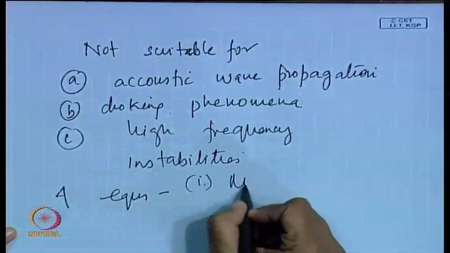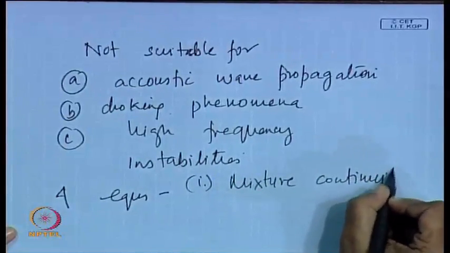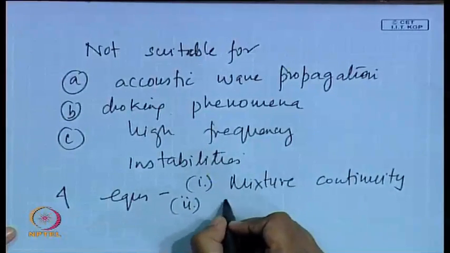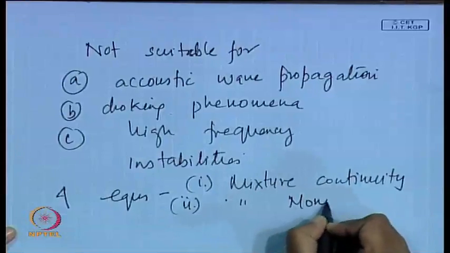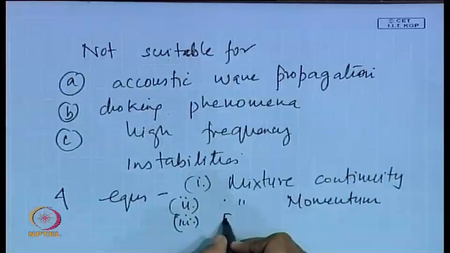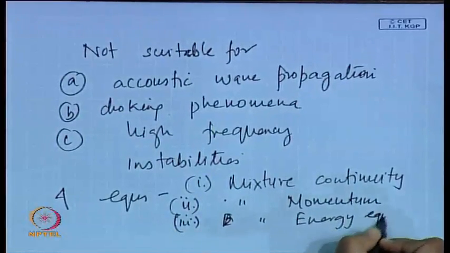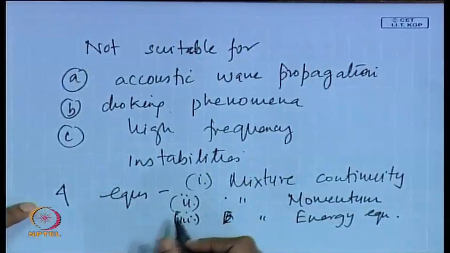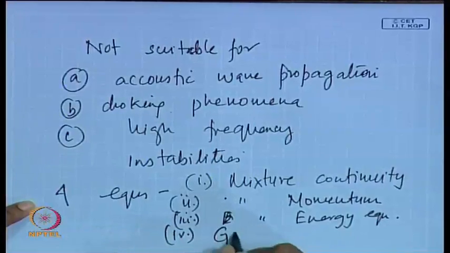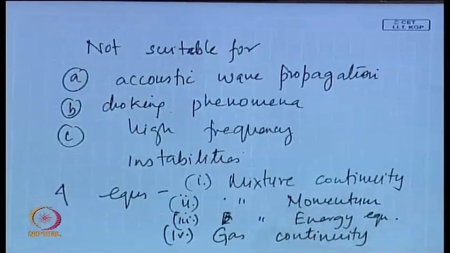It is the mixture continuity, next is the mixture momentum equation, next is the mixture energy equation, and the fourth one is the gas continuity equation, assuming that it is a gas phase, or the dispersed phase continuity equation.